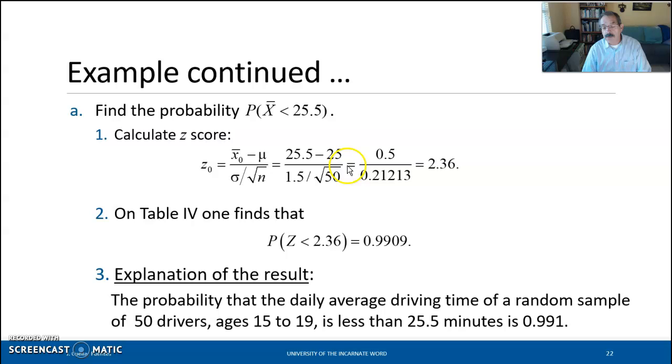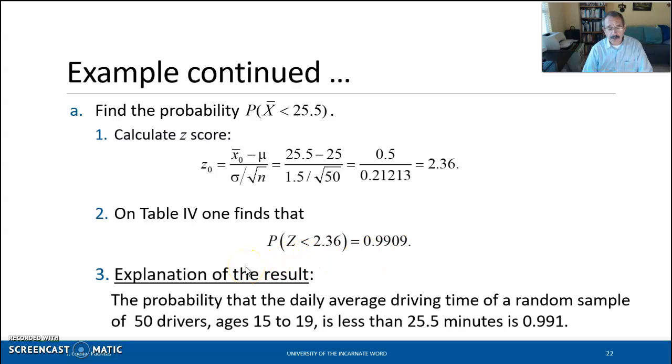If you perform this calculation, you will find that the z-score is 2.36. Then using this z-value, you go into table 4 and you will find that the probability that the random variable z is less than 2.36 is equal to 0.9909.